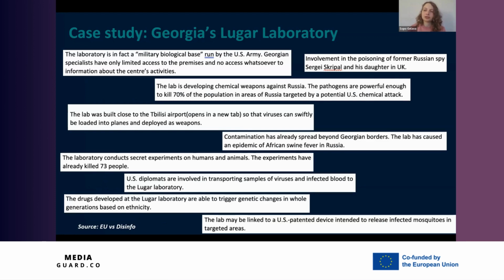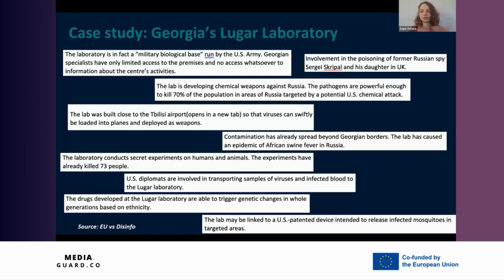The Lugar Lab was a target of this type of hacking ahead of elections a couple of years ago, and some forged documents were mixed with real documents and appeared on a very suspicious website. So it's a huge info op with multiple layers and multiple domains targeting the Lugar Lab.